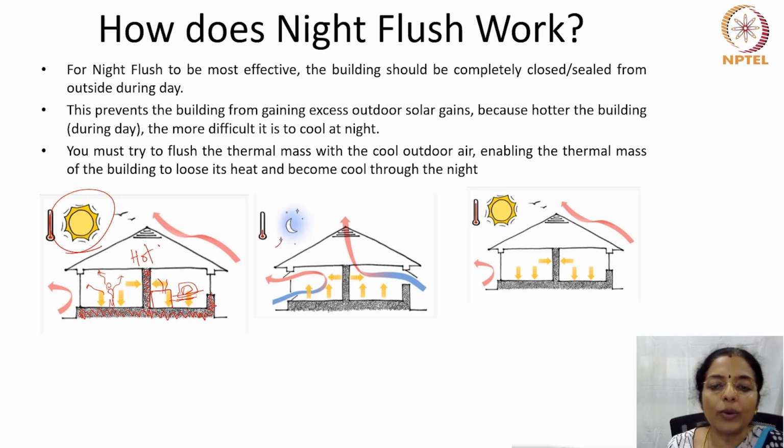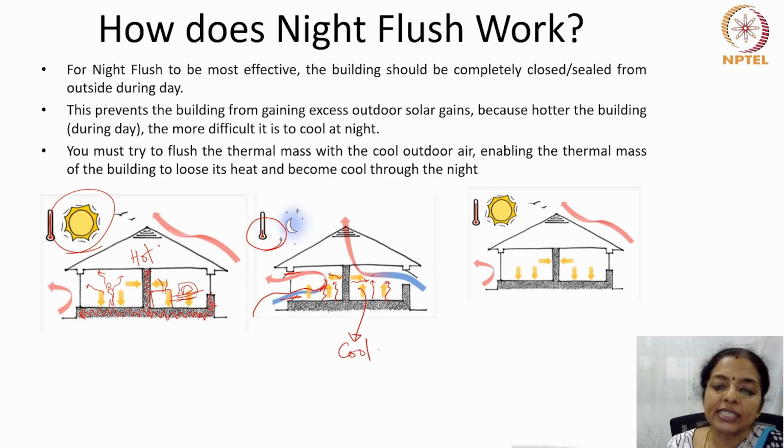At night, when the temperature dips outside, you open all the vents and allow cool air to enter. All the heat that is absorbed by the thermal mass gets radiated back to the atmosphere and the room becomes cool.